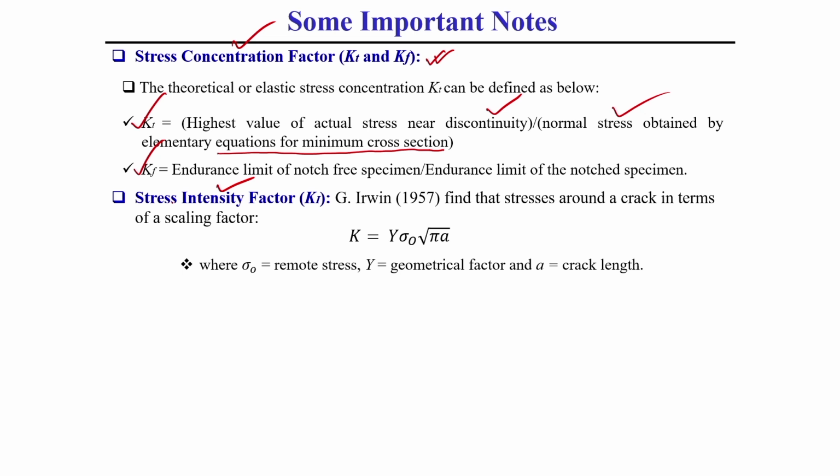The fatigue stress concentration factor Kf is the endurance limit of a notch-free specimen divided by the endurance strength of a notched specimen. Generally both Kt and Kf have a value greater than 1.